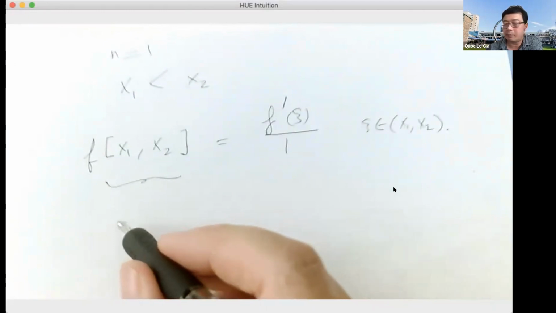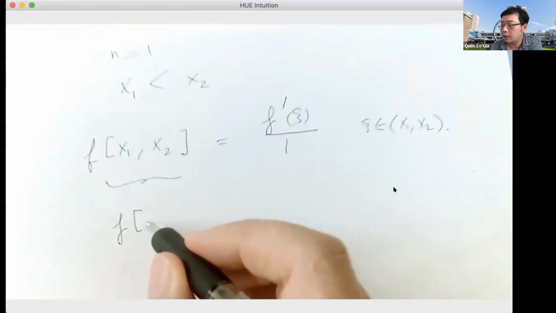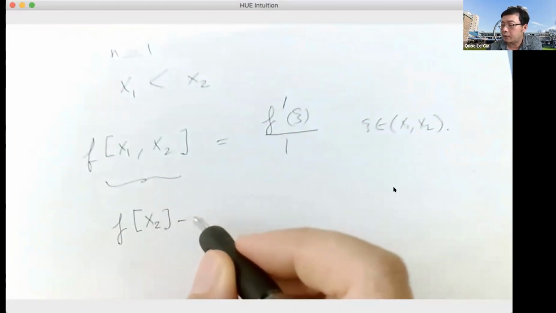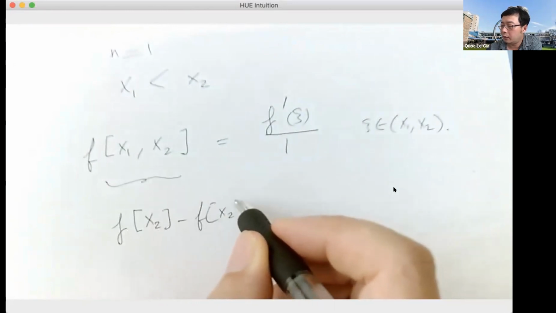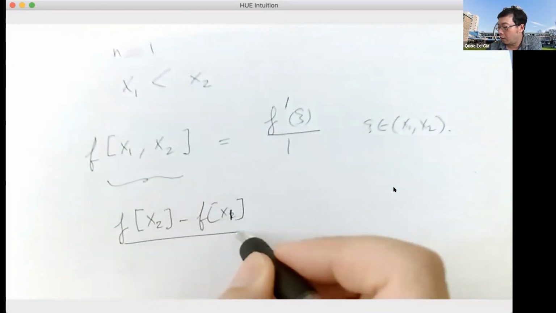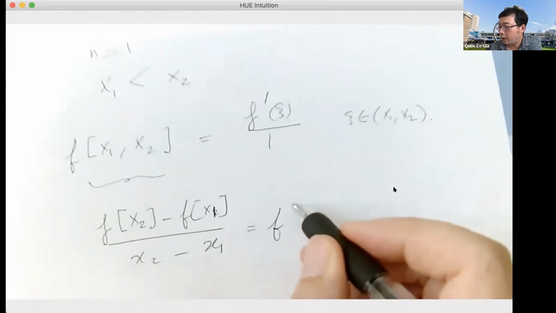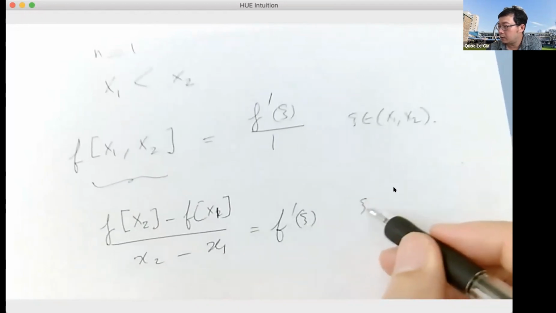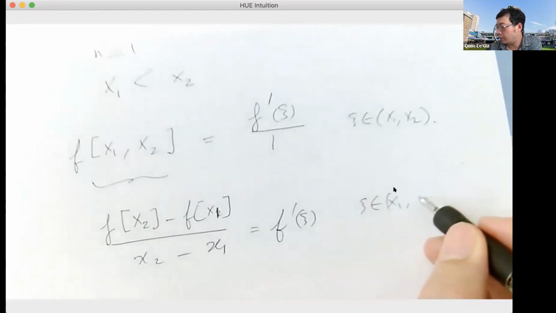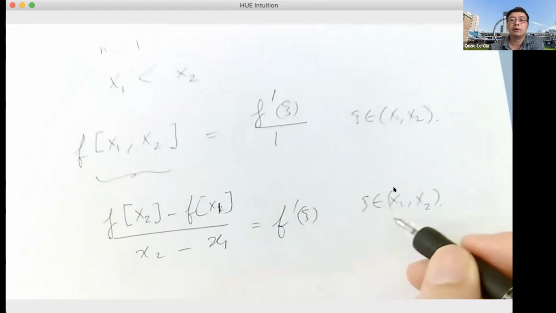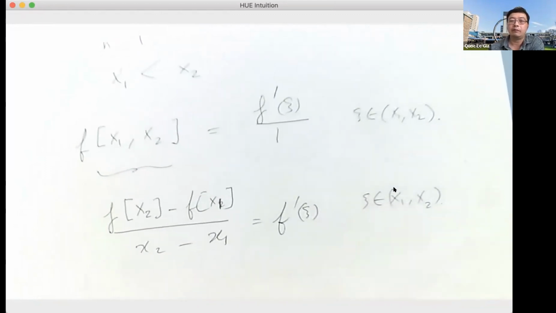If you remember the formula for divided difference, this is just f(x2) minus f(x1) over x2 minus x1, equal to f prime of xi, with xi in (x1, x2). Yes, this is the mean value theorem. For 2 points, it's just the mean value theorem.